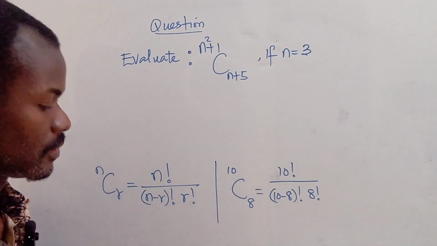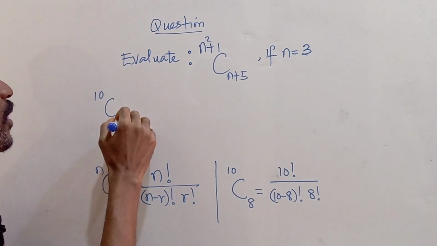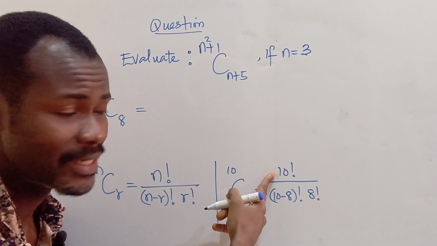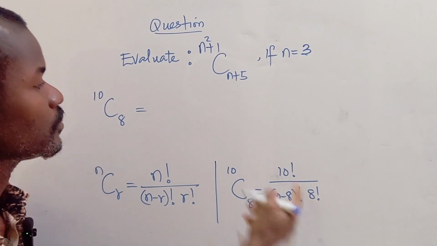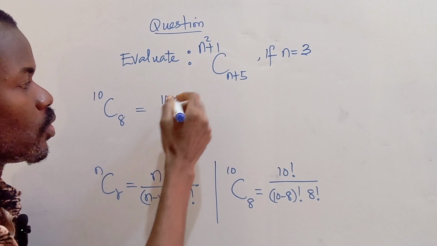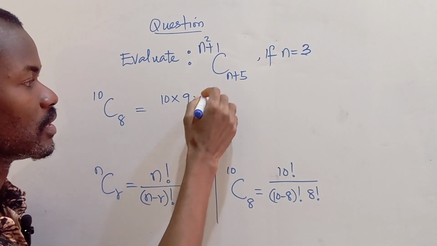Now at this point, what I'm going to do is expand the 10 factorial, but I'll stop at the 8 factorial. So I'm going to say 10 times 10 minus 1, which is 9, times 9 minus 1, which is 8.